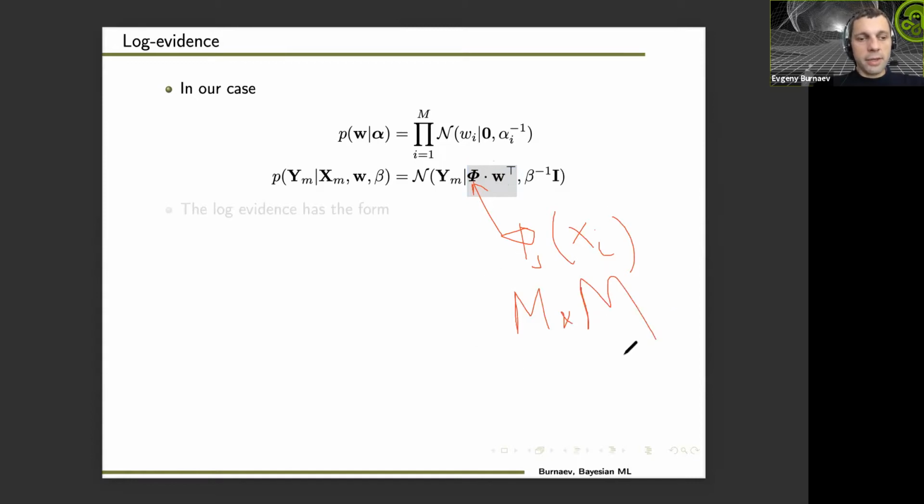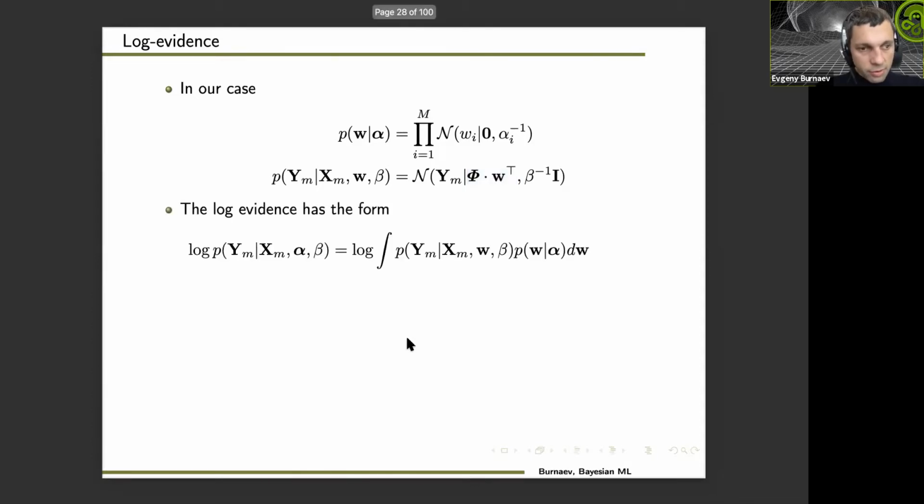And we multiply this matrix, the regression matrix, by the vector of parameters w. And the covariance matrix here is diagonal because each separate observation has Gaussian distribution and all observations are independent. So this is the log evidence according to the definition.